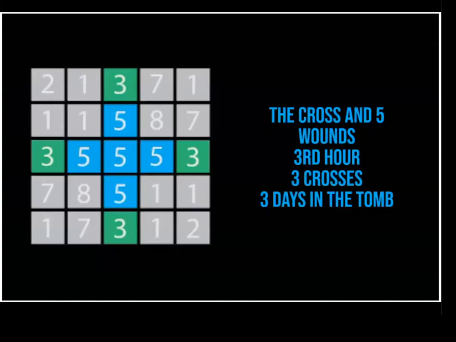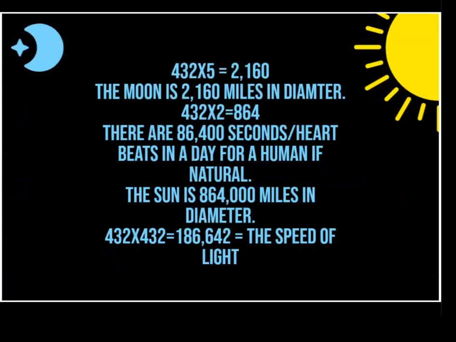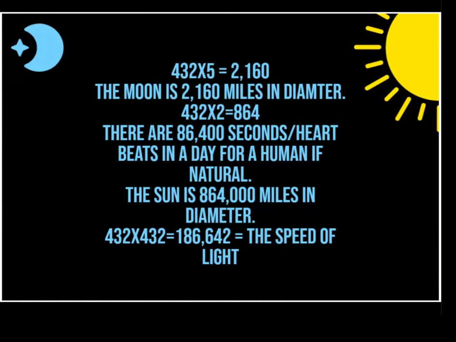Another way that we can look at that is the understanding of the power of 5 and the power of 3s. Okay, so for instance, we'll just go with the power of 5 here. 432 times 5 is going to be 2,160. The moon is 2,160 miles in diameter. 432 times 2 is going to be 864. Okay, so even if you take it as we're talking about the 5s and then you have the 3s, so those are 2 different numbers.